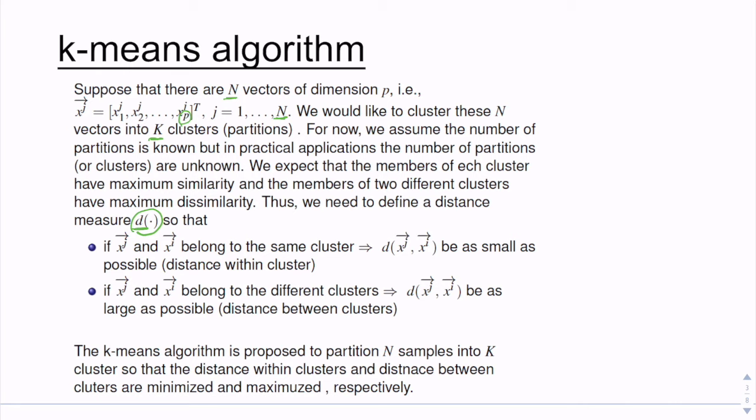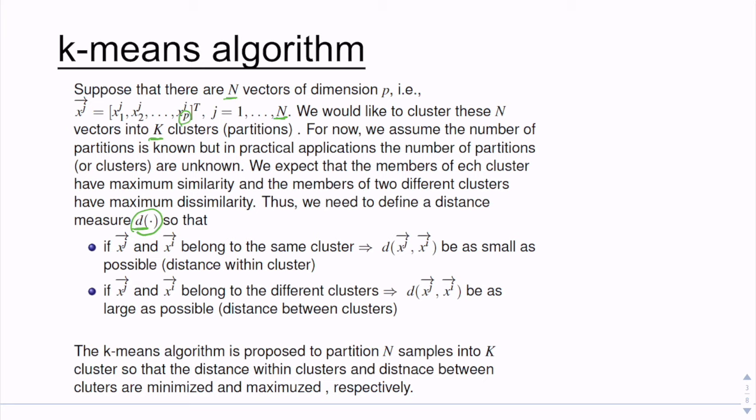We use Euclidean distance between two vectors as a distance measure. As you see, if the distance between two vectors is small, that means these two vectors are similar, and if the distance between two vectors is high, this means these vectors are dissimilar to each other.